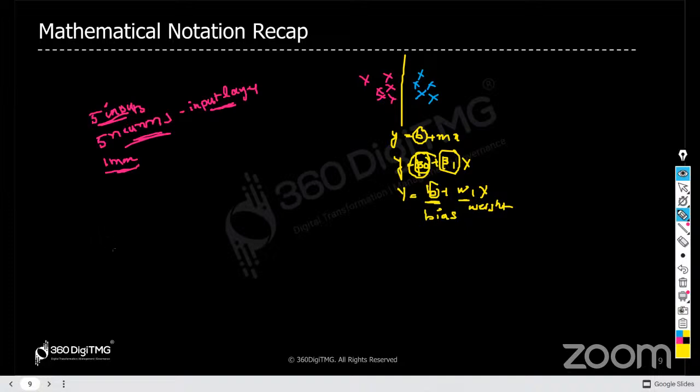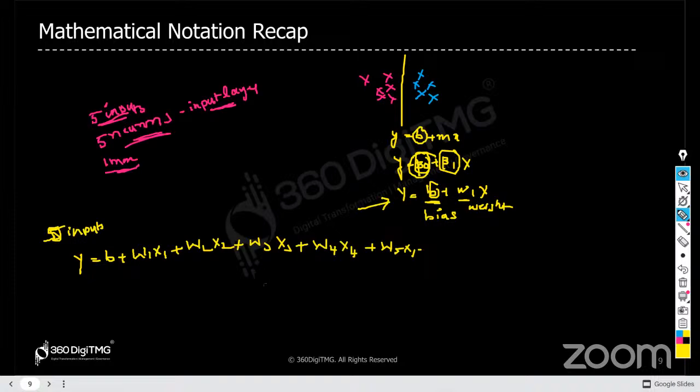So if you have j inputs, or let me take 5 inputs, what will be the equation for the neural network? y equals b plus w1 into x1, where b is the bias and w is the weight, plus w2 into x2, plus w3 into x3, plus w4 into x4, plus w5 into x5. Why? Because I have 5 inputs.